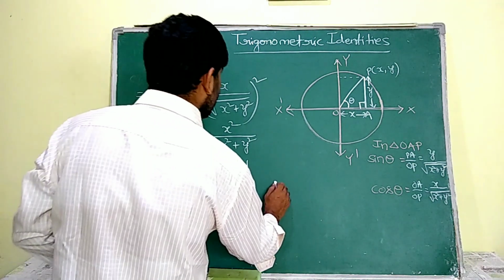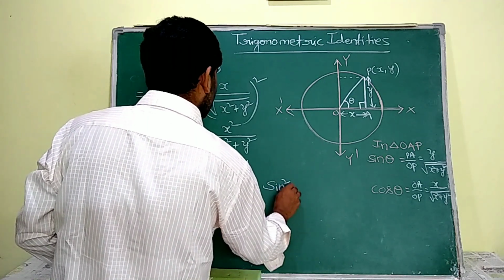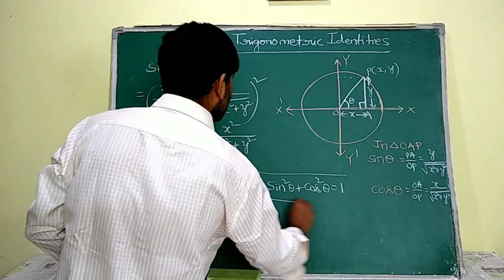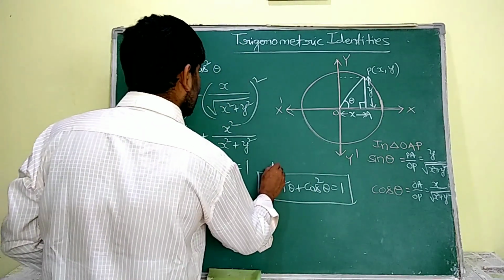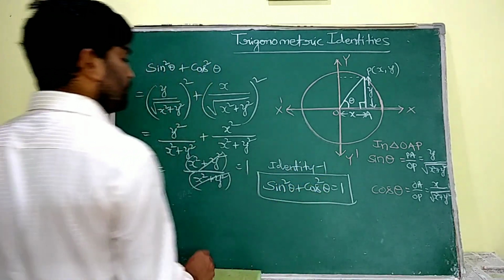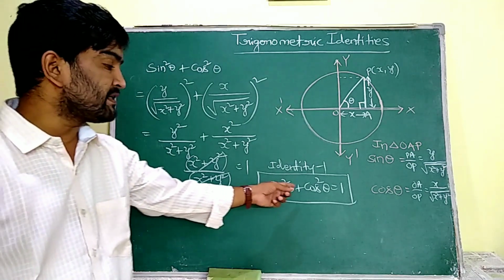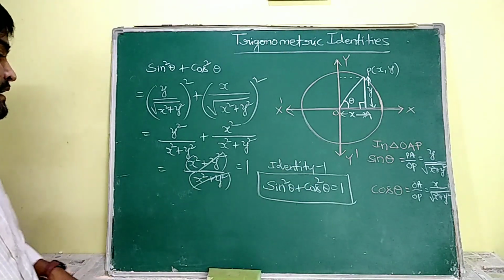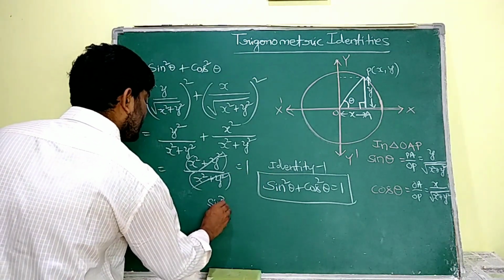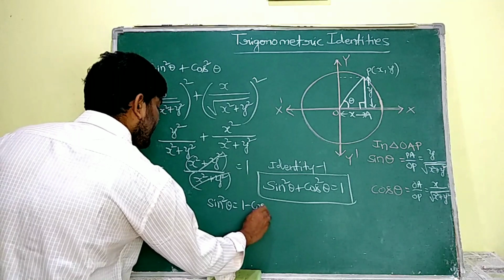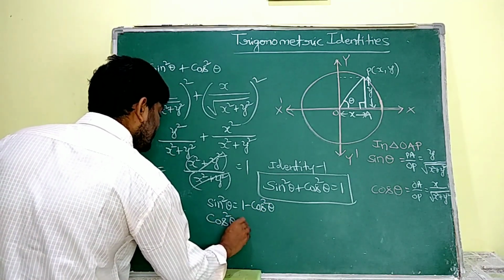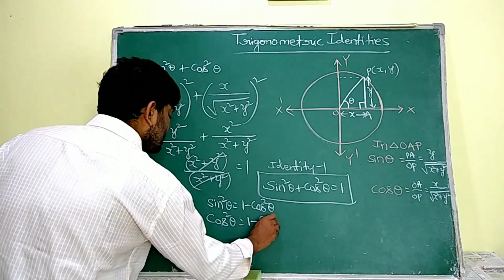This is known as the first trigonometric identity. Sin square theta plus cos square theta is equal to 1. Identity 1. From this I may write sin square theta is equal to 1 minus cos square theta. Else I may write cos square theta is equal to 1 minus sin square theta.